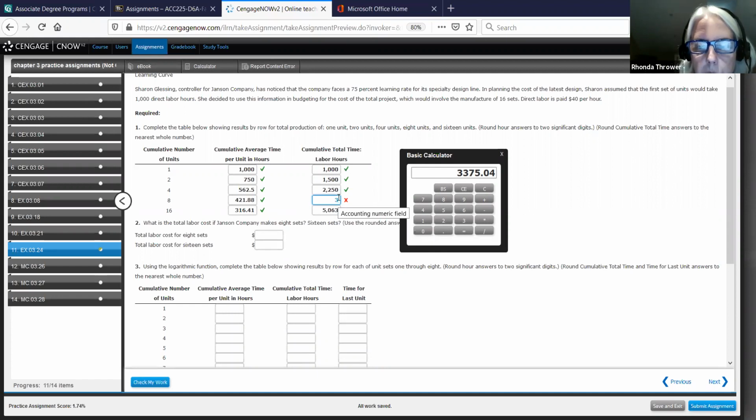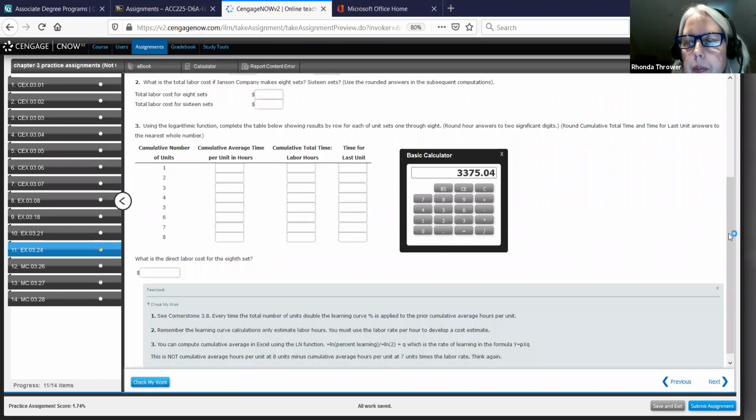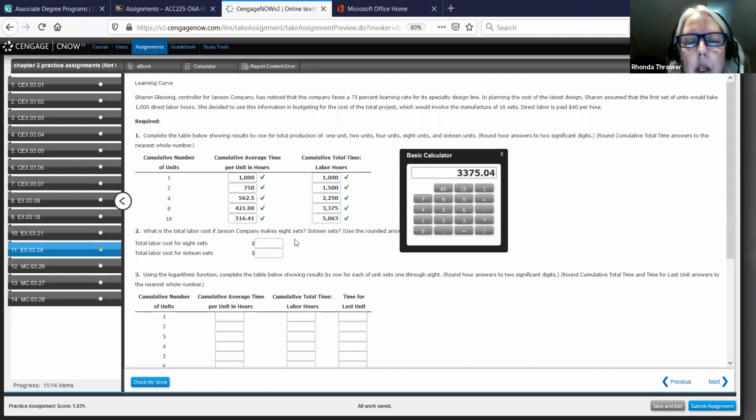So 3,375 would be the nearest units. Okay, so it looks like we're okay so far. And this is just a table showing you the results by row for total production of each of these units.